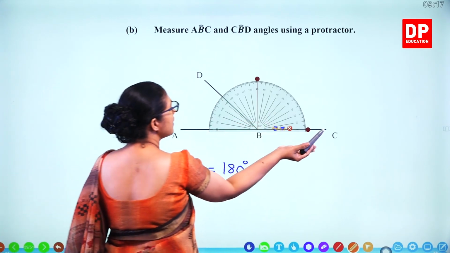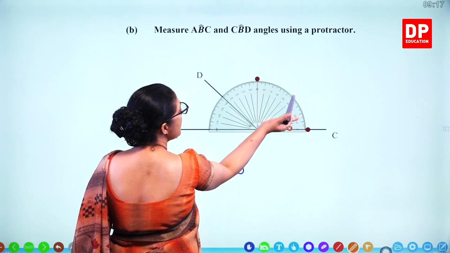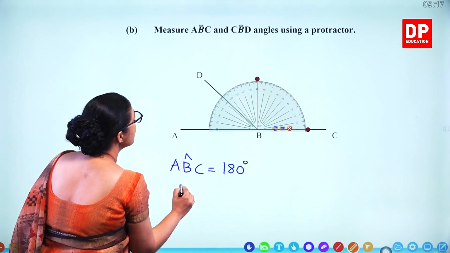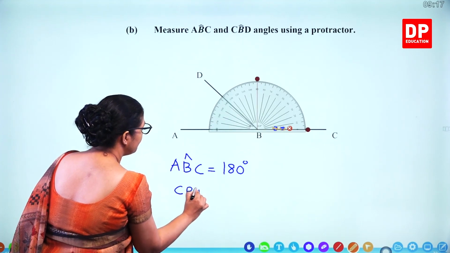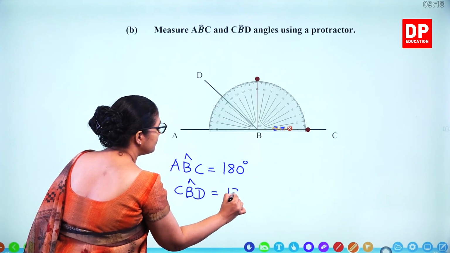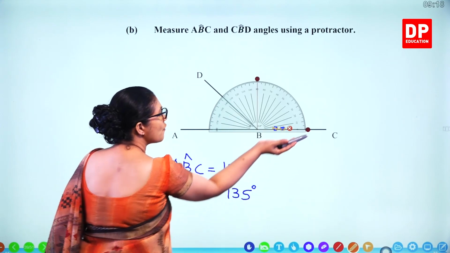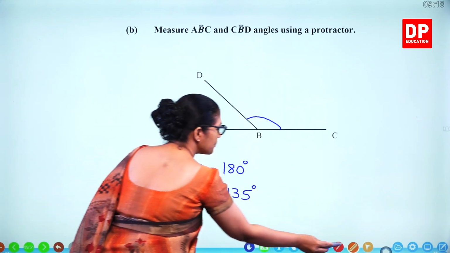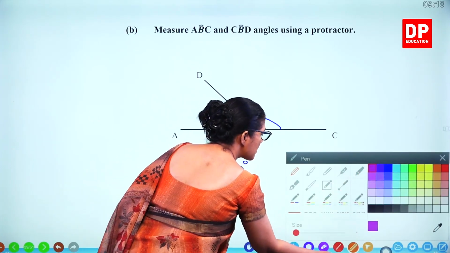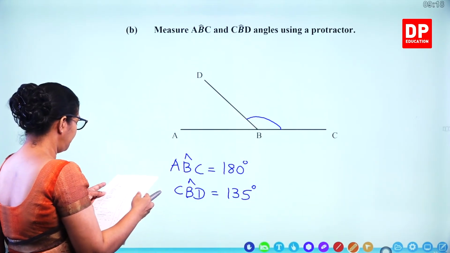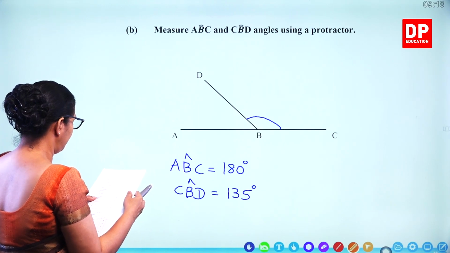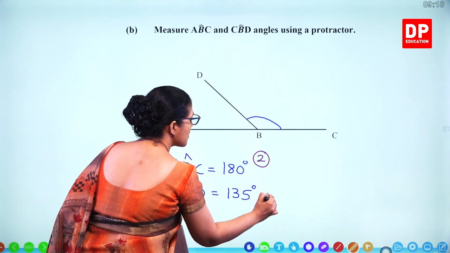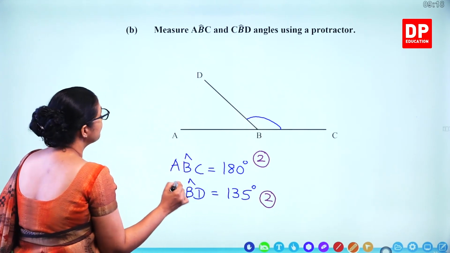CBD, this angle, this side, starting from here, 135. So you have to measure from here, here to here. So let's see marks. So 4 marks, 2 marks, 2 marks.